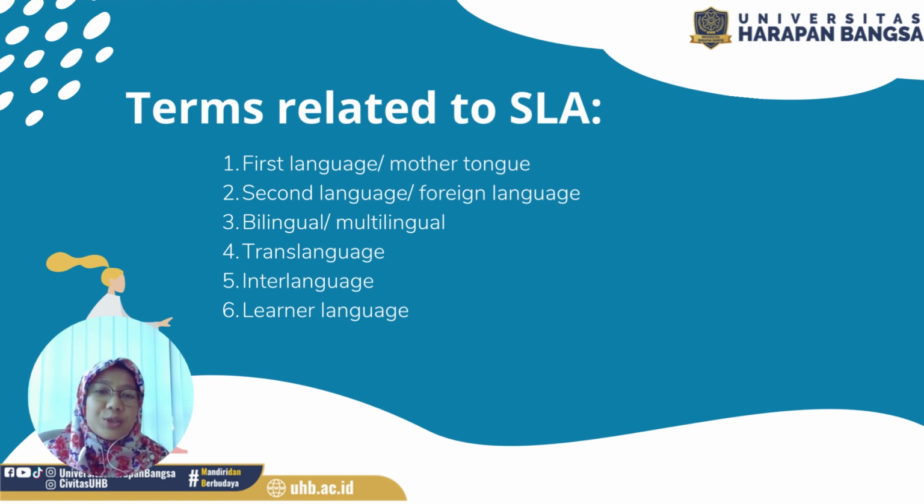Learner language refers to the language produced by learners who are in the process of learning a second or foreign language. It encompasses all aspects of language use, including grammar, vocabulary, pronunciation, and discourse.